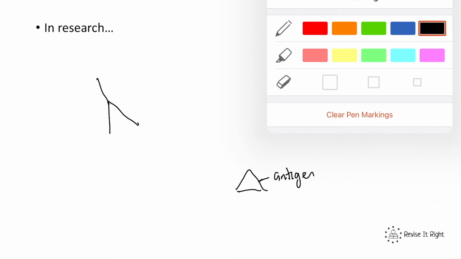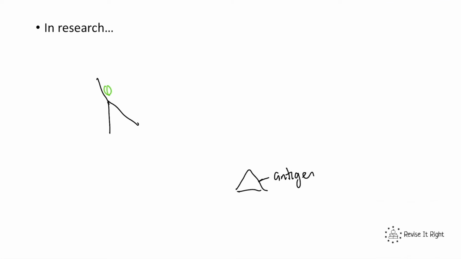And finally, we can also use monoclonal antibodies in research as well. For example, they can be used to locate specific molecules on a cell or in a tissue. So you get the monoclonal antibody that's going to bind to the specific antigen that you're trying to research, but you attach a fluorescent dye to this monoclonal antibody.